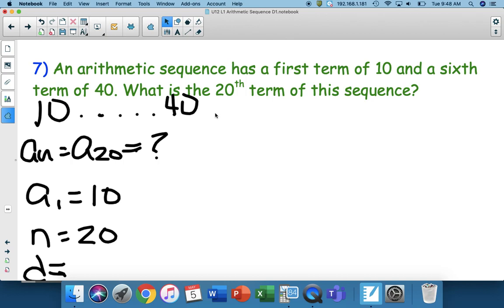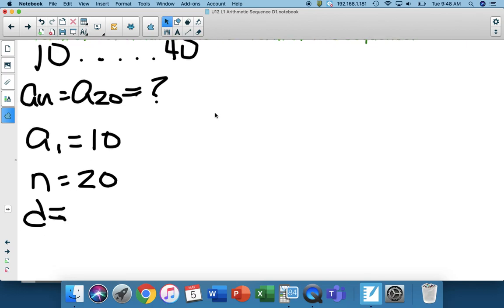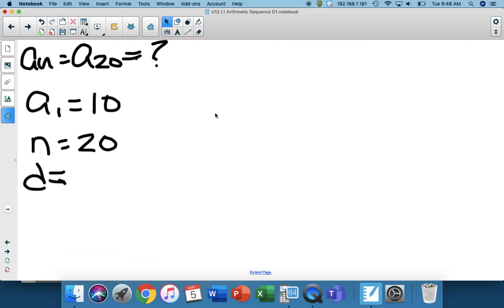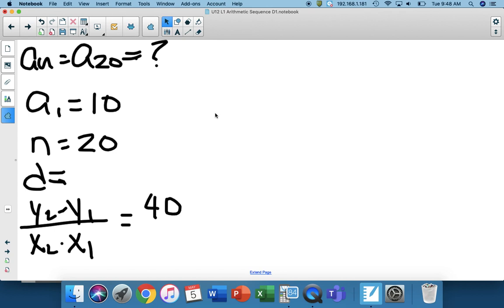Remember, slope formula is y2 minus y1 over x2 minus x1. In this case, your y's are the number and your x's are the terms. So 40 minus 10 over 6 minus 1.